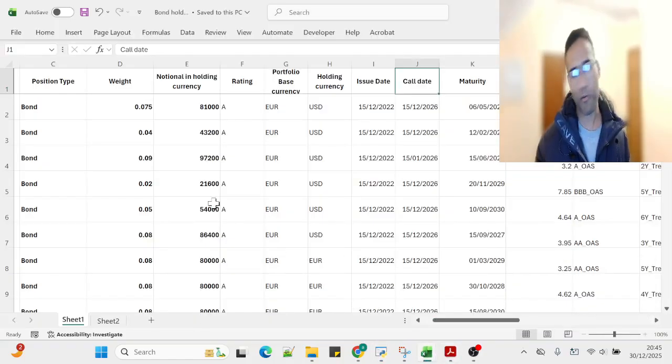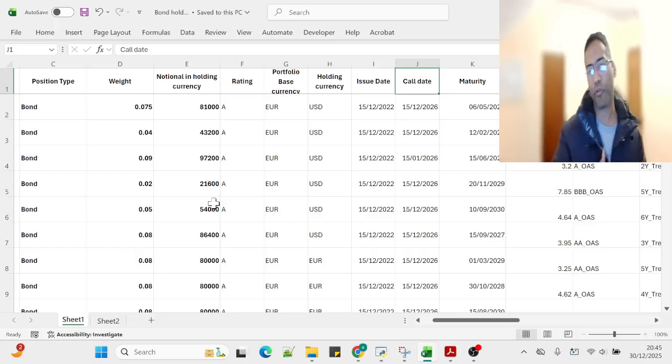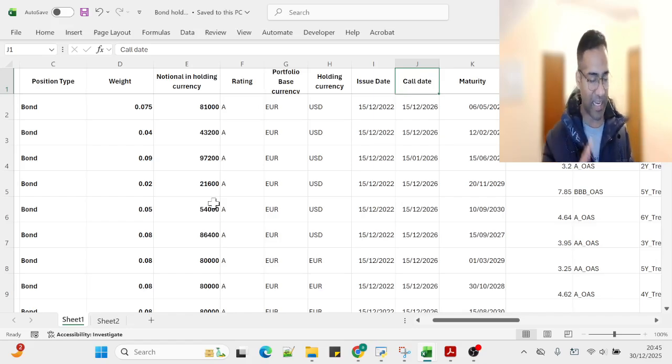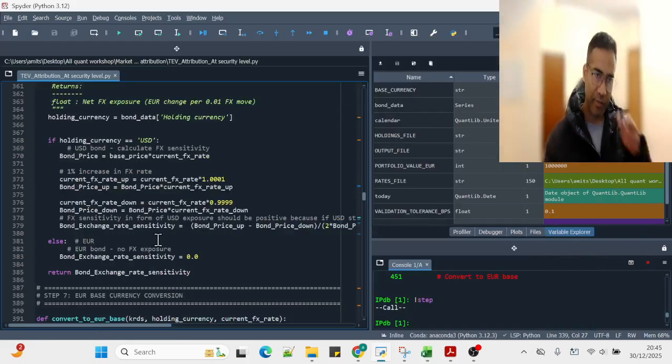Whatever the FX rate is on the bond maturity date, I have to accept that. So for the valuation date of the portfolio, that FX rate will be applicable. That's the main point.